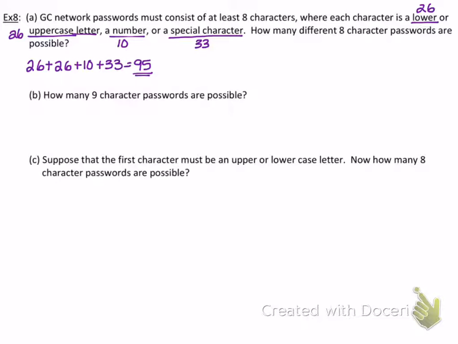So if there's 8 spots, this translates to 95 8 times, which we can say is 95 to the 8th power. And this rounds to about 6.634 times 10 to the 15th. So we have a lot of options. Now, what if I added an extra character? Well, you still have 95 possibilities, but now you have it to the 9th.